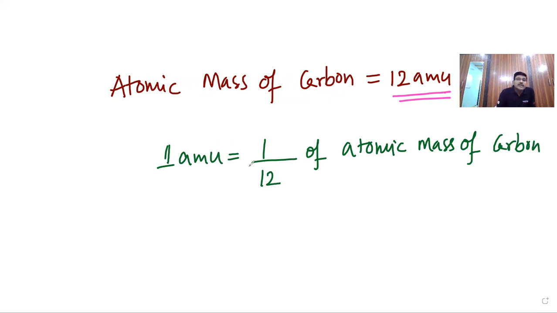If I want to express a single atomic mass unit in terms of the atomic mass of carbon, I take the reverse. 1 atomic mass unit is equal to 1 by 12th of the atomic mass of carbon. Is it clear? Okay, fundamental aspects.